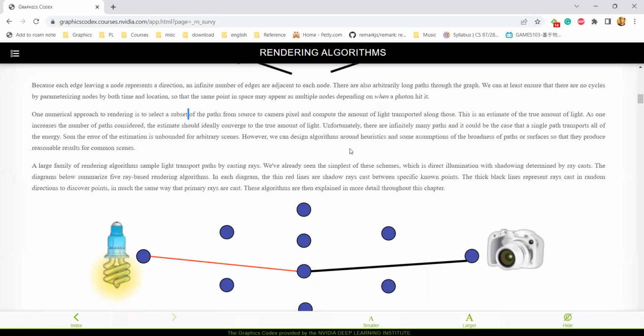Unfortunately, there are infinitely many paths, and it could be the case that a single path transports all of the energy. This is a typo. Yeah, that looks like a typo. The error of the estimation is unbounded for arbitrary cases.